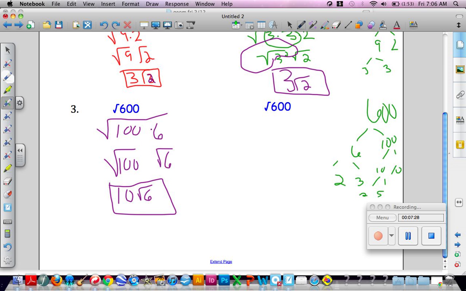And 2 times 5. Okay, so this time I have to write it under my radical again. I got 1, 2, 3 2s, a 3, and 2 5s.